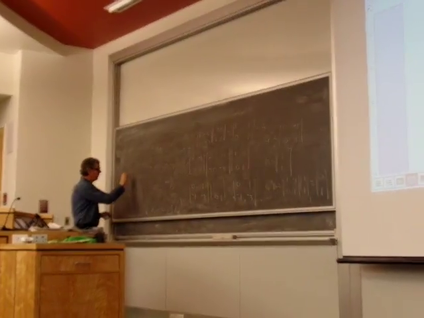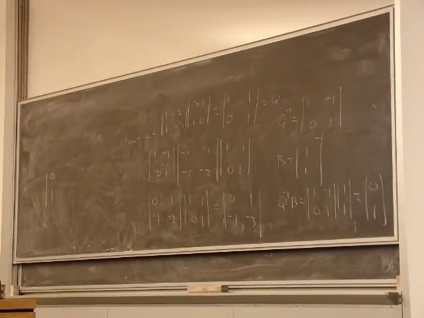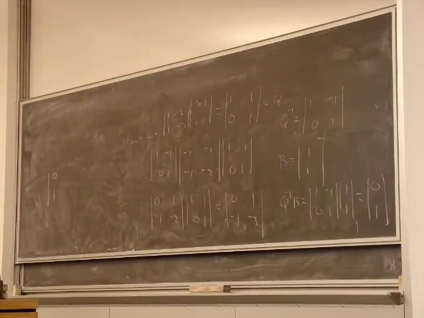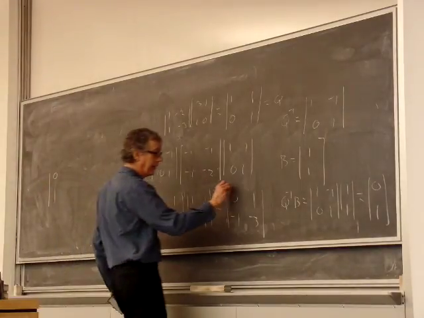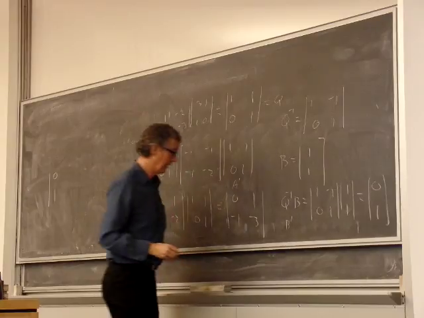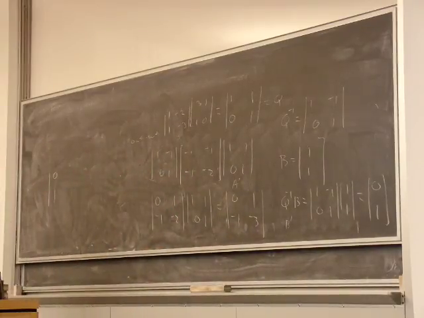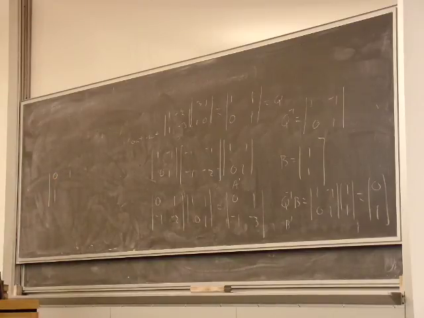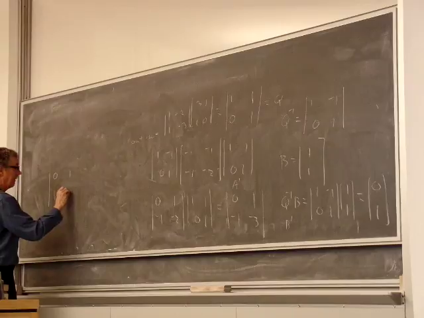So it's 0, 1. And A matrix is here. This is the new A matrix, new B matrix. So A times B is 1 and 3.